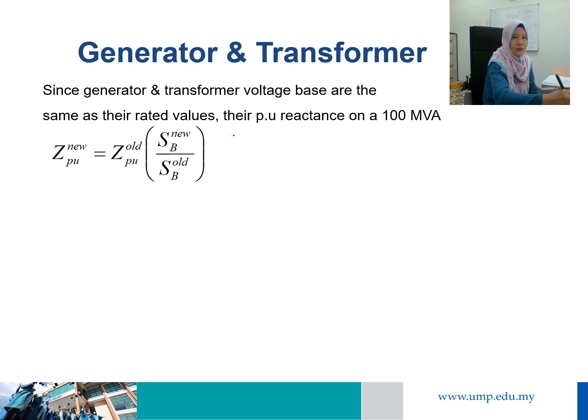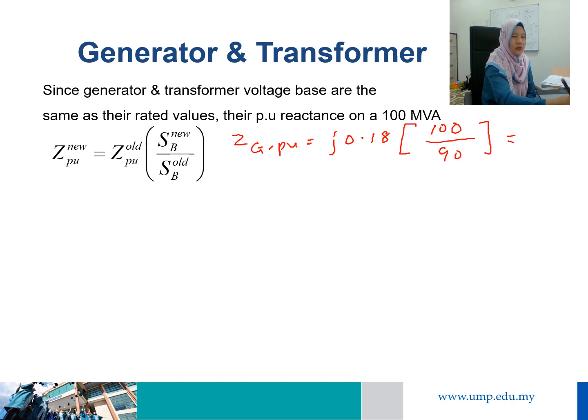We can use this formula to find the new per unit impedance for the generator and transformer. The new per unit impedance for the generator is equal to the old per unit impedance of the generator, which is 0.18, multiplied by 100 MVA divided by the old base power of the generator, which is 90 MVA. So we get j0.2 PU.